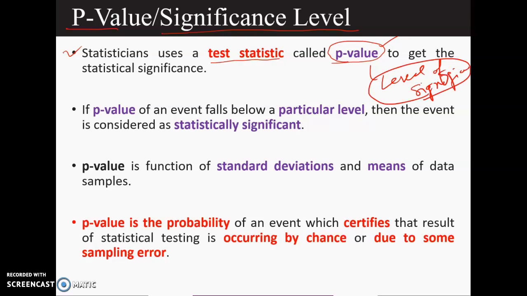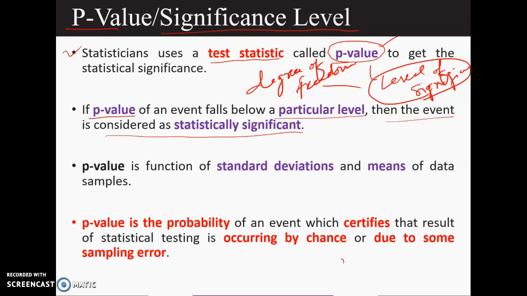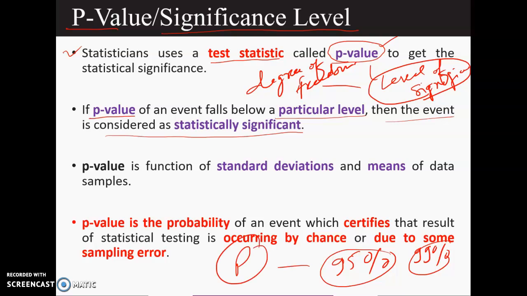If the p-value of an event falls below a particular level, then the event is considered statistically significant. So if you are saying 95% confidence interval or 99% level of confidence, you are talking about p-values, and it is summarized in the next slide.